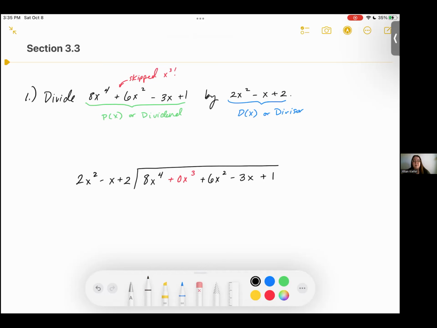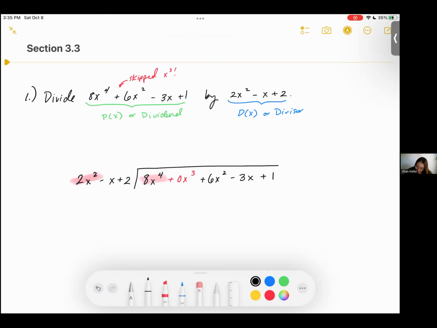That was step 1. So we want to set up the actual problem. All right. So now what we want to do with step 2 is that you're going to take the leading terms of your dividend and your divisor and you'll divide them. So you'll take the leading term of the dividend and divide it by the leading term of the divisor.